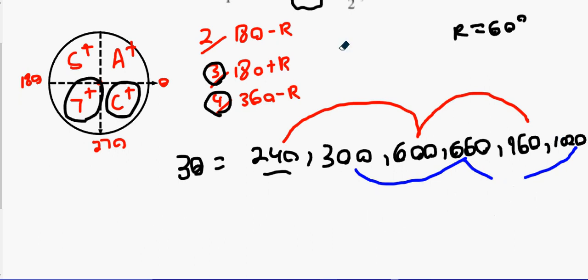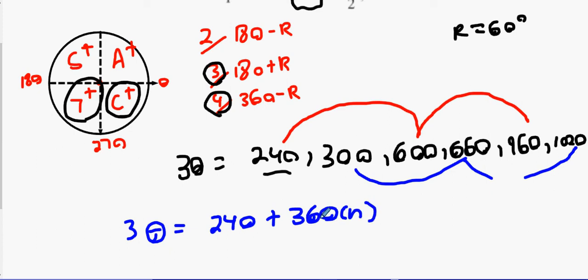So here's what it could look like instead. You could say one answer is 3 theta equals 240 plus 360n. What does 360n stand for, anybody? How many rotations you're putting in. Is that alright? What happens when n equals 1?